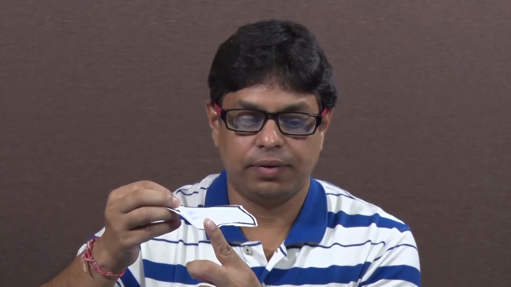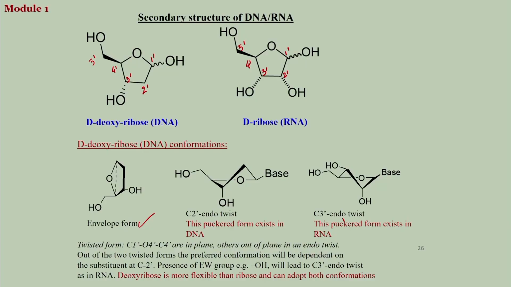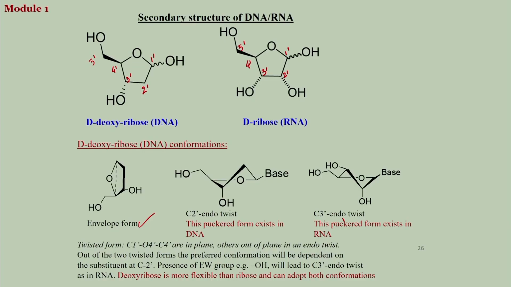At the 4' position you have the CH2OH that is up the plane. The 1' position I am not defining because the nucleobase comes there, and the nucleobase usually comes from up the plane.